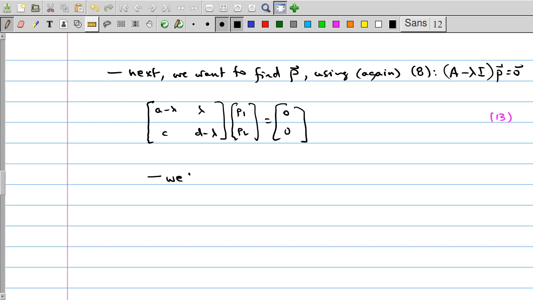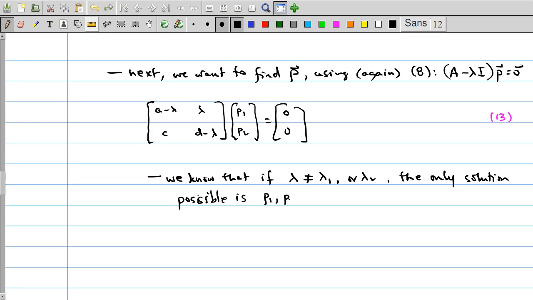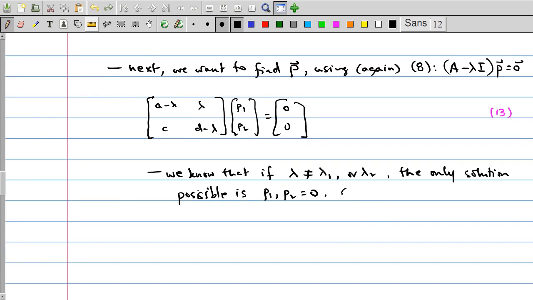We know that if lambda is not equal to lambda 1 or lambda 2, the only solution possible is P1, P2 equals 0, because A minus lambda I is non-singular.